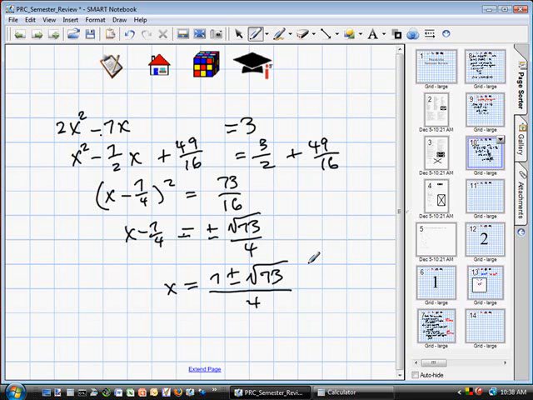Of course, you've got to divide everything by 2. So I have x squared minus 7/2 x minus 3 equals 3/2. Now, the old technique says I can go ahead and proceed. Take half of this, 7/2 times 1/2 is 7/4.